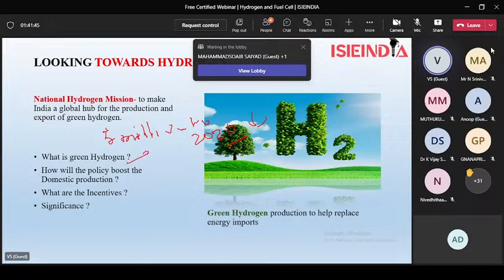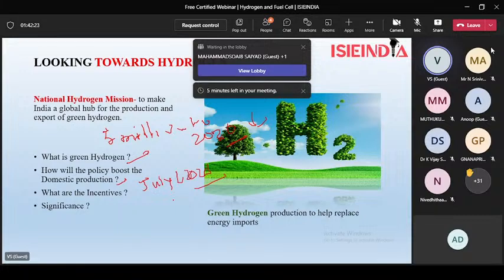Now what will be the policy, how will the policy boost domestic production? These policies offer many things; one I will explain here is that they are providing 25 years of free power transmission for any new renewable energy plant set up to supply power for green hydrogen production before July 2025.